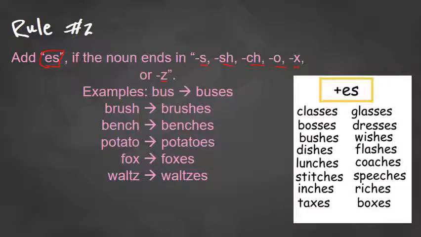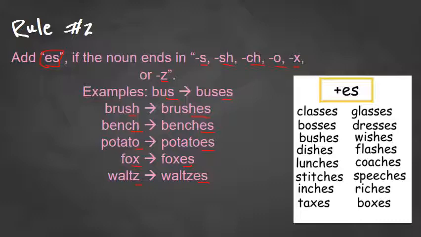So if you find these letters at the end of the noun, then you have to add not just s, you have to add es, as in bus, buses, brush, brushes, bench, benches, potato, potatoes, fox, foxes, waltz, waltzes. So you see, guys, the nouns that end with s, sh, ch, o, x, or z, you must add es when you change them from singular to plural.